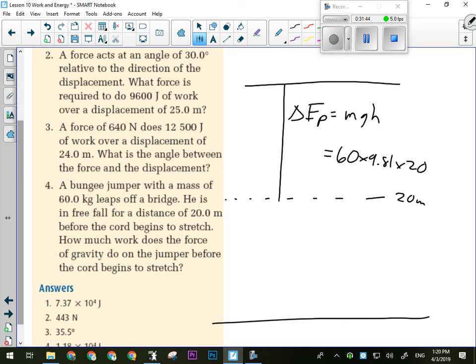We could say negative 20 meters here as well, because we are actually descending 20 meters, and that would give us a negative number, which would be okay because that would be potential energy lost, converted into kinetic energy. So when we do that, I think it's 11,772 joules worth of energy during that fall.